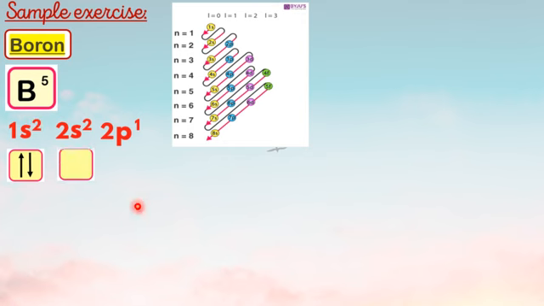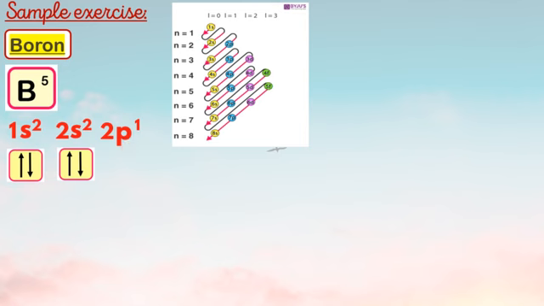How about 2s2? Since it is s, we have one orbital only and 2 electrons. The electrons are represented by arrows: arrow up first, then arrow down. So this is the orbital diagram of 2s2. How about 2p1? For the p orbital, how many orbitals are there?